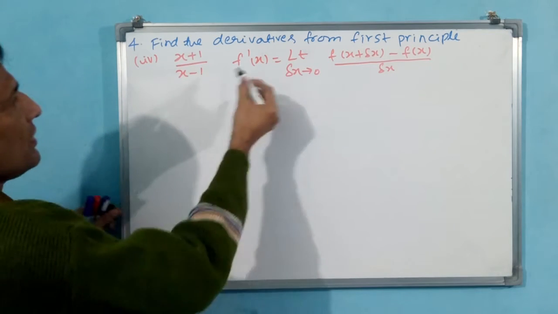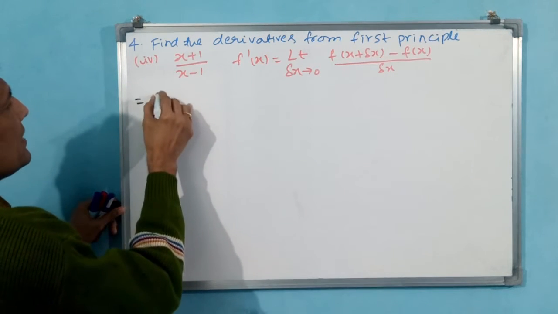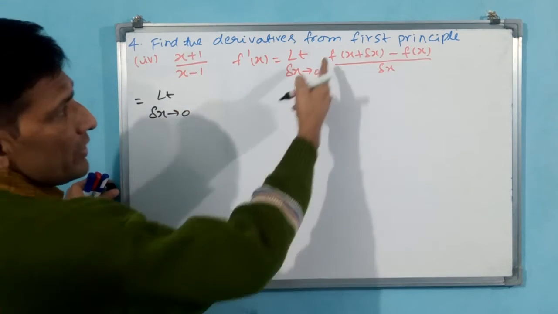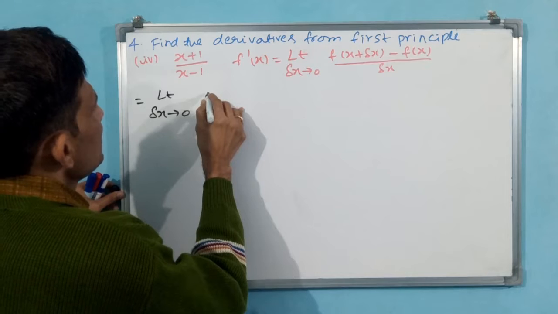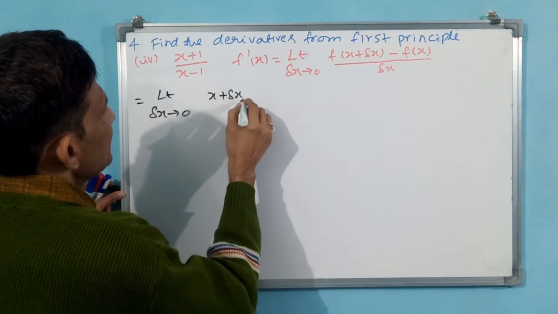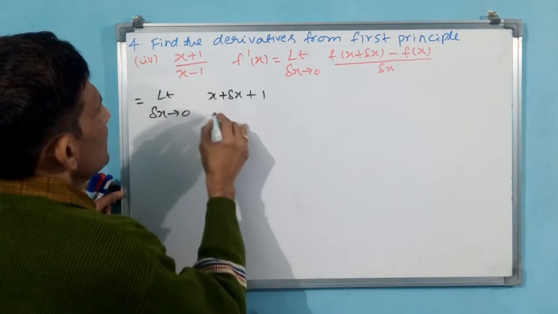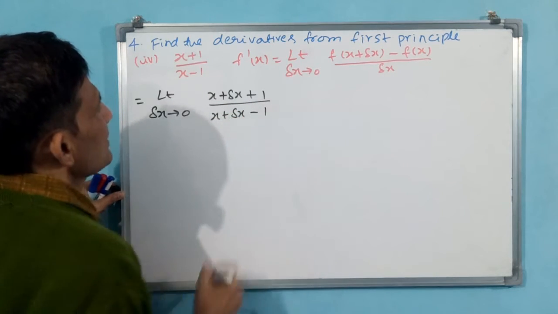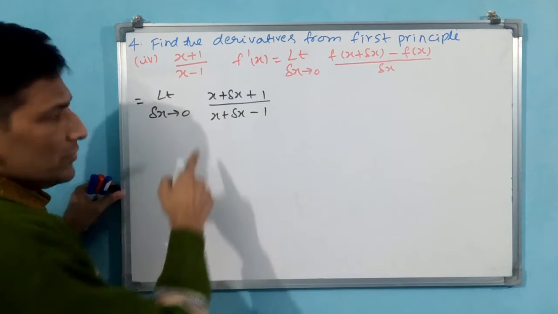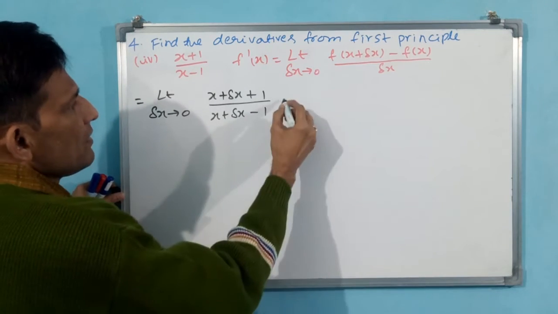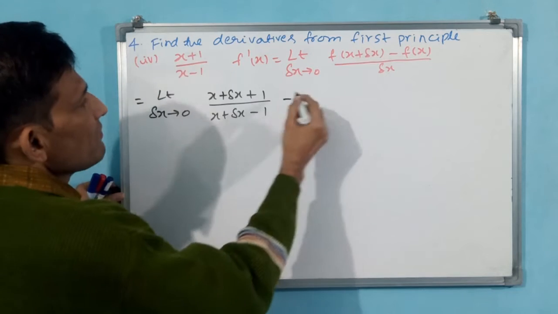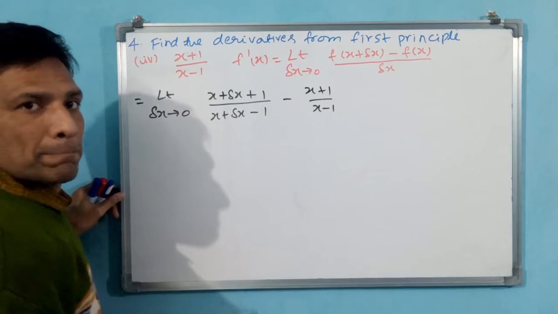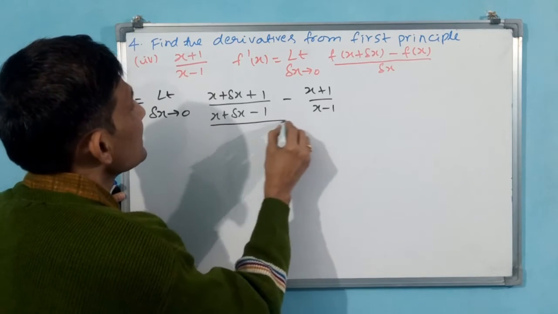Now how I am changing, you see: f dash x is equal to limit delta x tends to 0, x plus delta x plus 1 divided by x plus delta x minus 1, minus, again the same function will come, x plus 1 by x minus 1, divided by delta x.